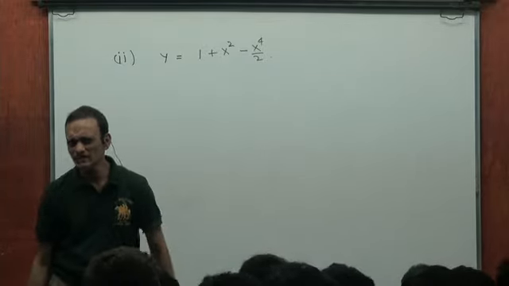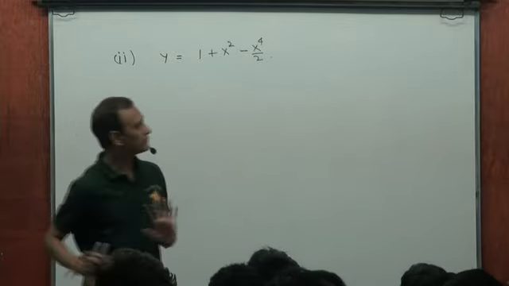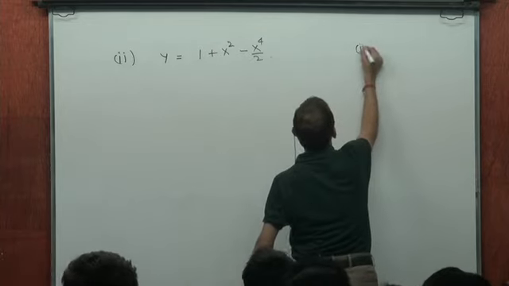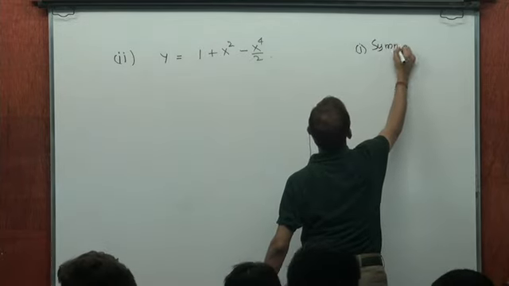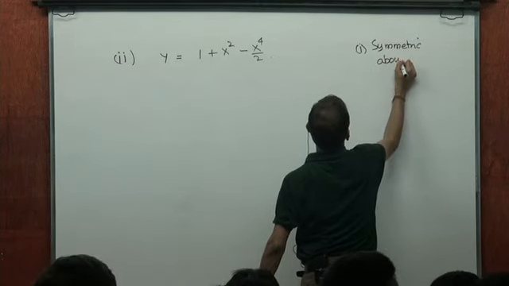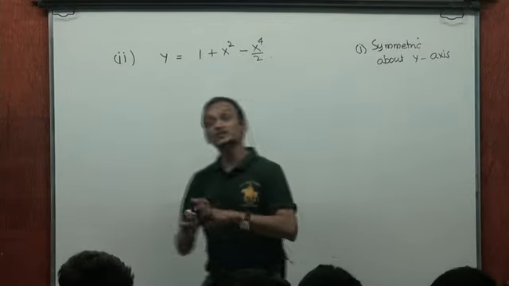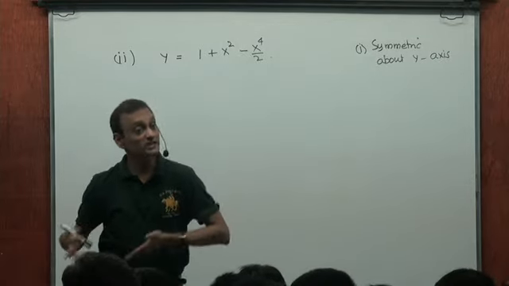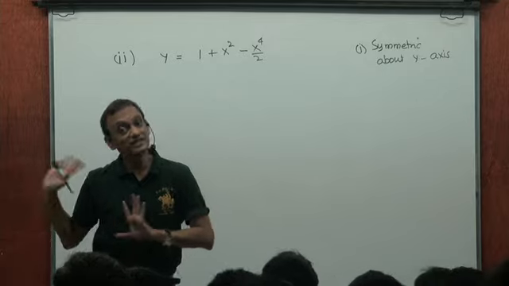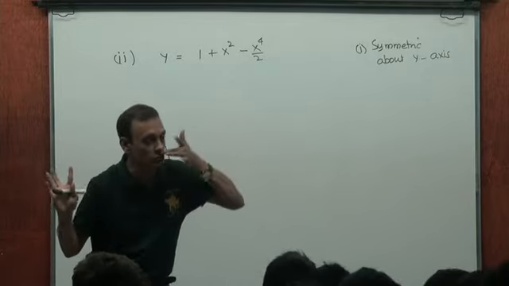Only even powers of x, so it's symmetric about the y-axis, right? Which means if I just draw the curve for x greater than 0, that's enough. Then I can reflect the curve about the y-axis to get the curve for x less than 0.